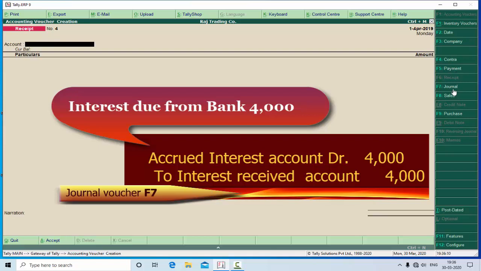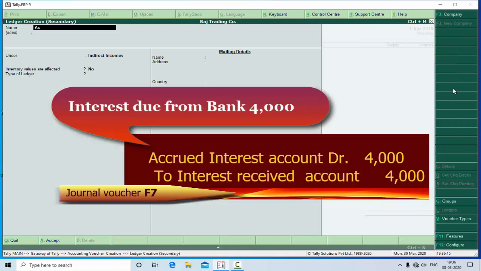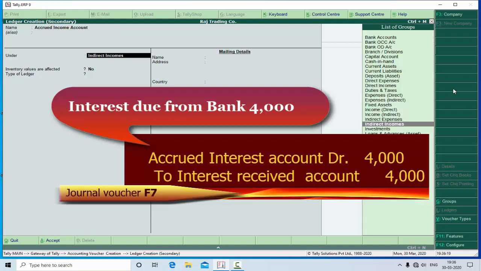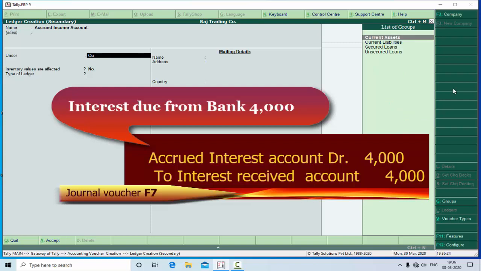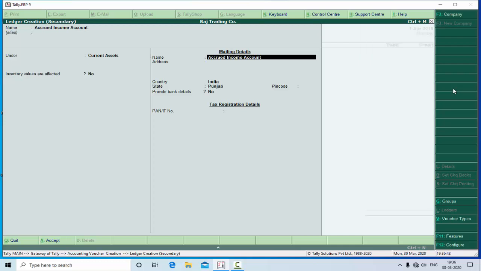So this entry will again be recorded in the journal voucher, and create the account of accrued income account, under the head current assets. These are all the amounts which are receivable by us, outstanding amounts which are not yet received by our business, and they are covered under current assets. Current assets cover all short-term amounts which are due from customers.